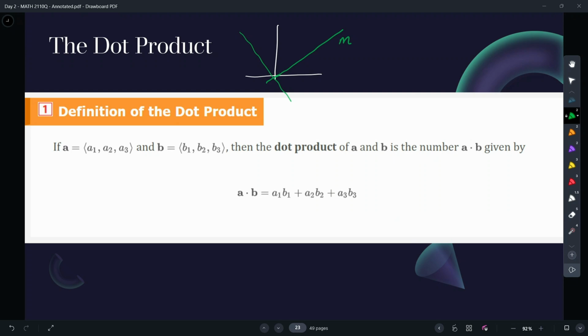If one line has slope m, what's the slope of the perpendicular line? -1 over m. The slope that I'm looking for is -1 over m.